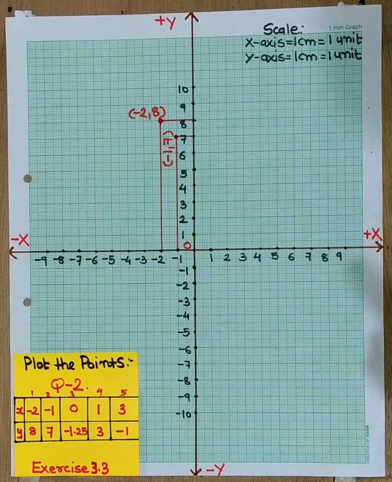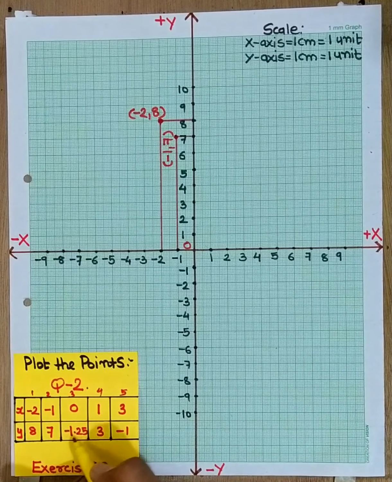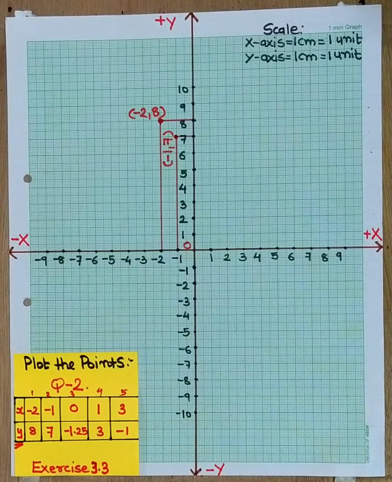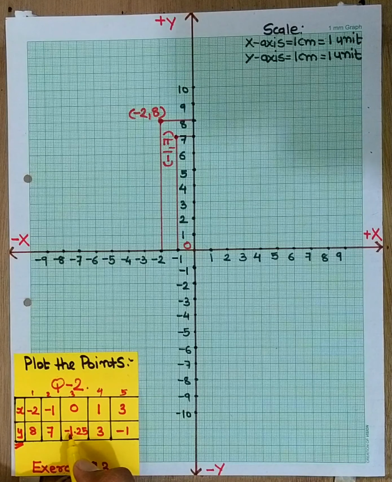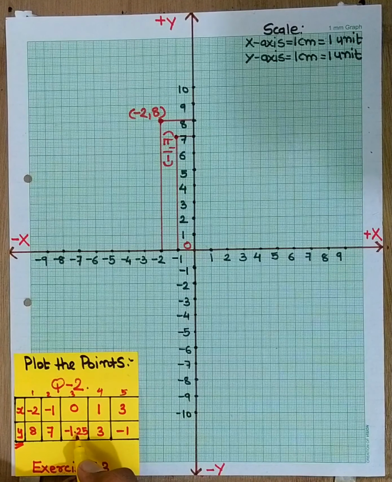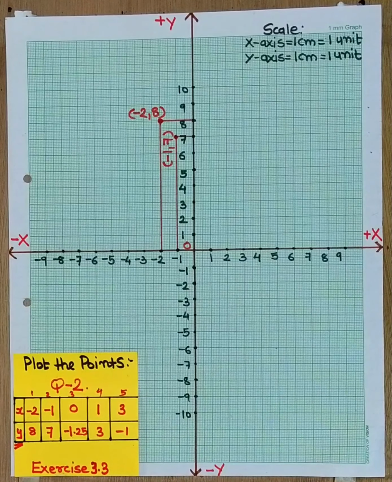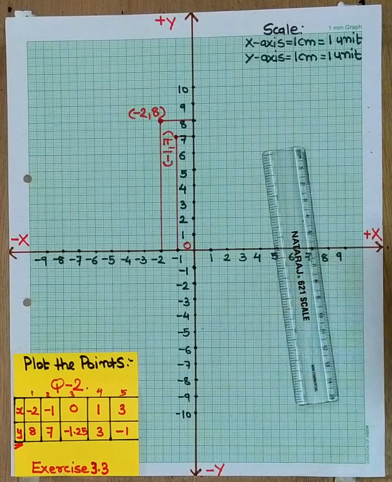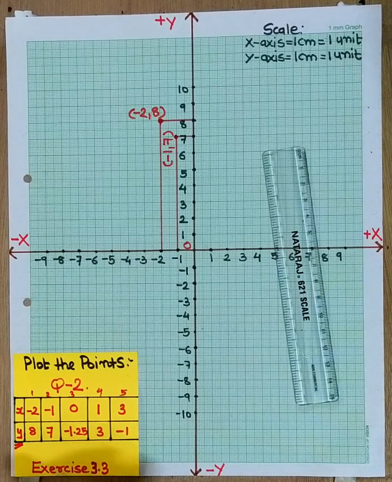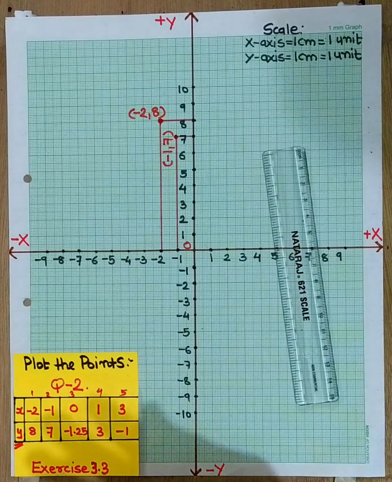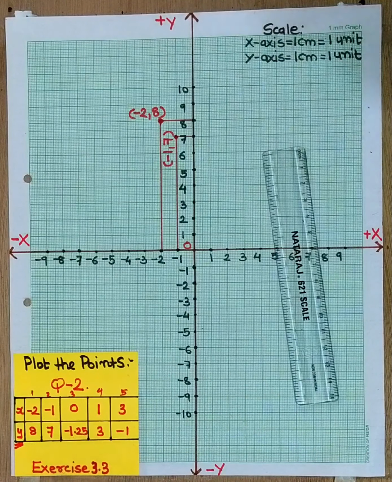Alright, moving on to the third point, very important, 0, -1.25. Now very carefully you see, x-axis no value, so that means this point lies on the y-axis. But again, y-axis -1.25. Okay, so using a normal scale we won't be able to find it exactly, so here we will have to estimate, right? We will assume that it is slightly more than 1.2.